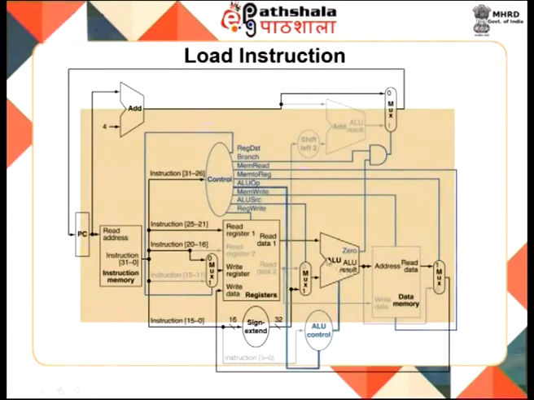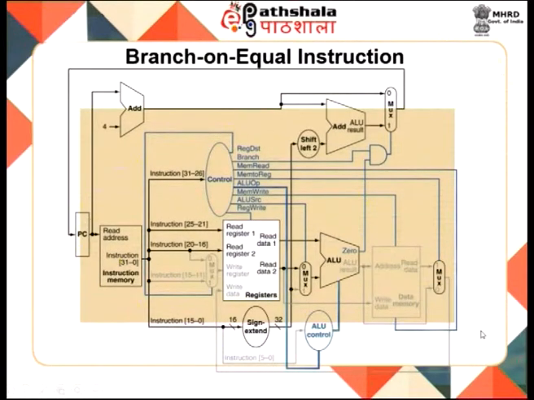The control signal which is significant here is the memory read control signal, because it is a load instruction, and once the data has been loaded from data memory, that is written back into your register file, and which register it is to be written into is also decided by means of your control signal here. This is for a load instruction.